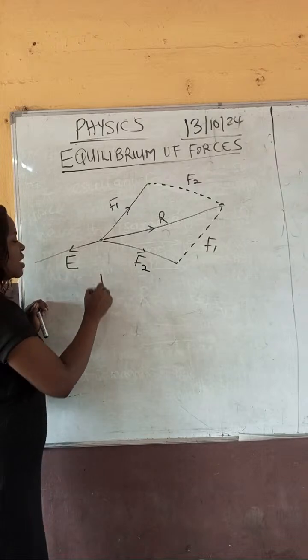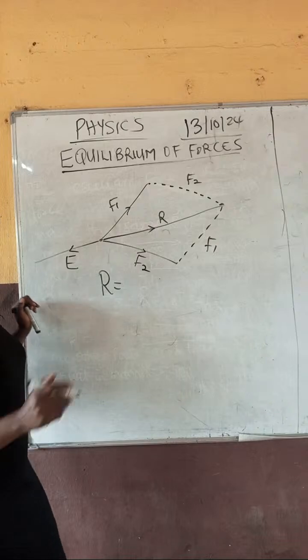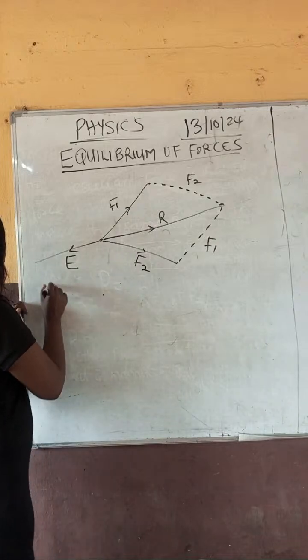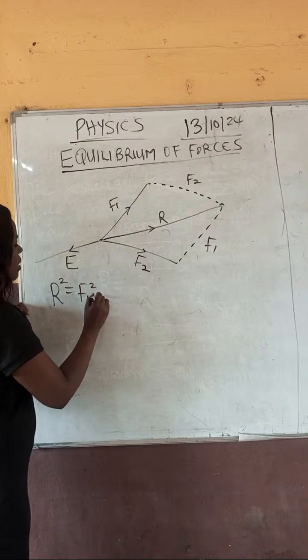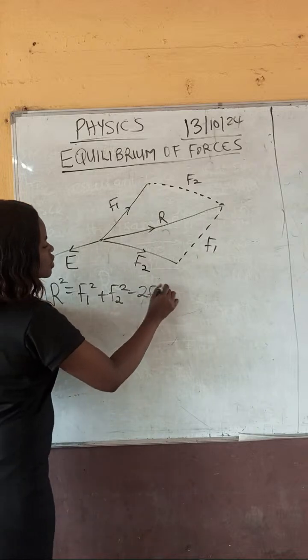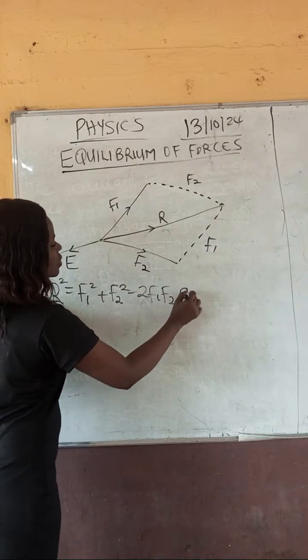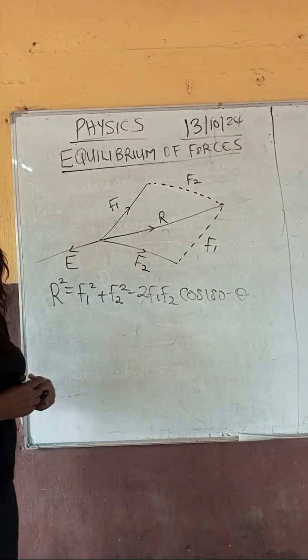Now we are going to get this resultant force using the cosine rule, which we state to be what? R squared is equal to F1 squared plus F2 squared minus 2 F1 F2 cos (180 minus theta). This is the cosine rule.